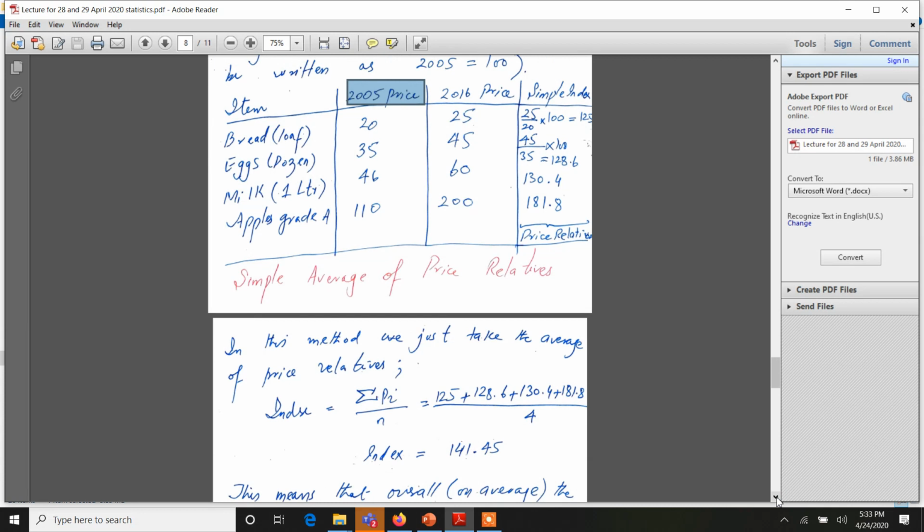There are two different methods to calculate the unweighted index number. One is to calculate the simple average of price relatives, the ones we have just calculated. We find the average of this column and it comes out to be 141.45.